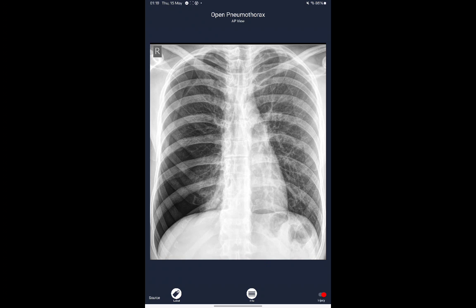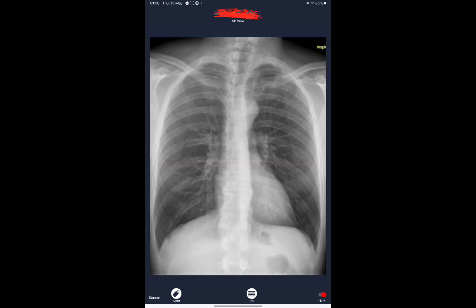In comparison between them, you can assess the abnormal area. The main point is that the more lucent area over here isn't here. If you trace, you can trace the visceral pleural line and diagnose pneumothorax. This is the open pneumothorax.